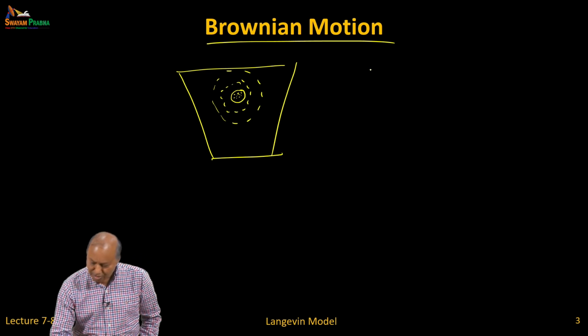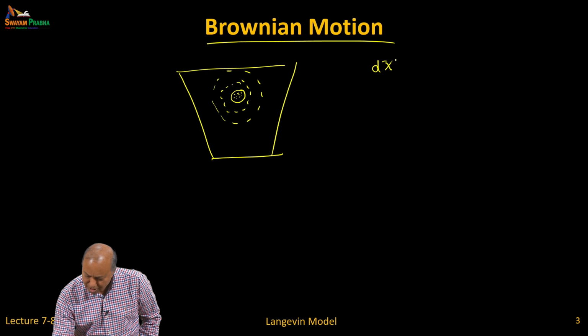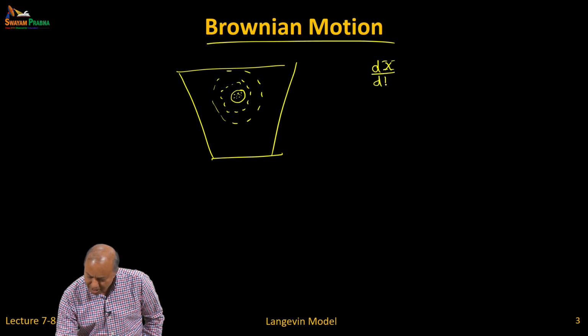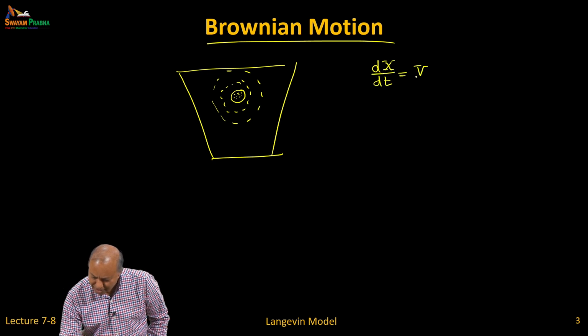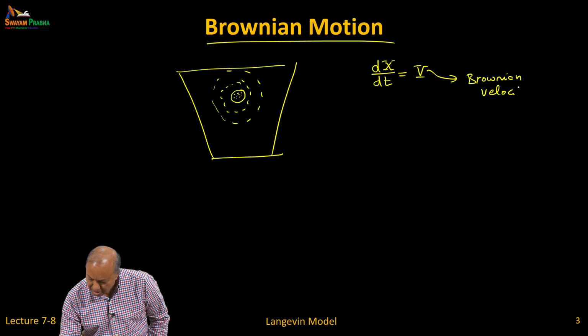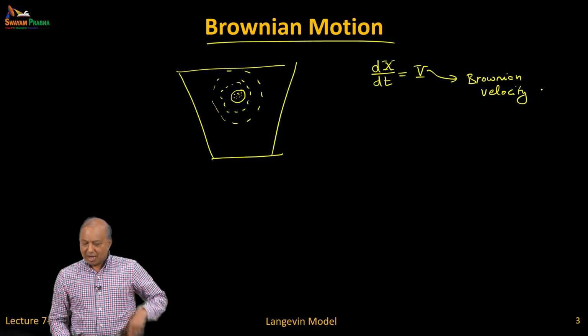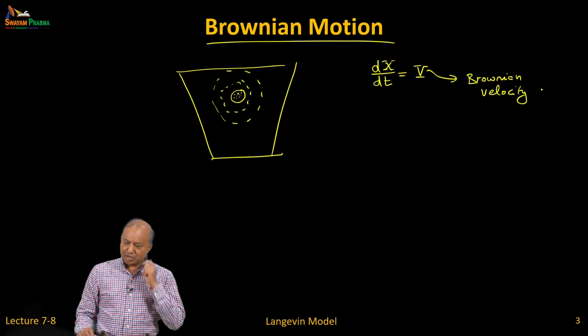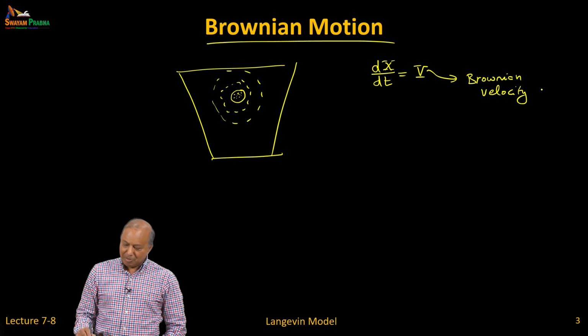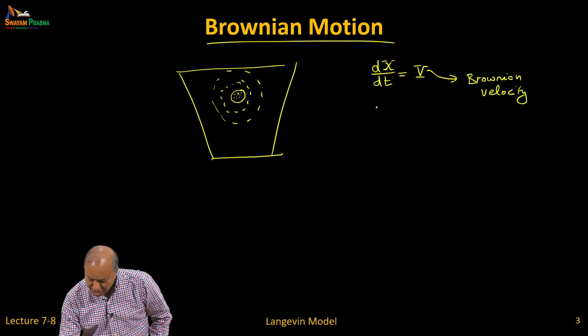You solve this kind of equation, dx by dt is v, this v is the Brownian velocity. So every particle, you're going to track its position following some velocity, but that velocity will keep changing.